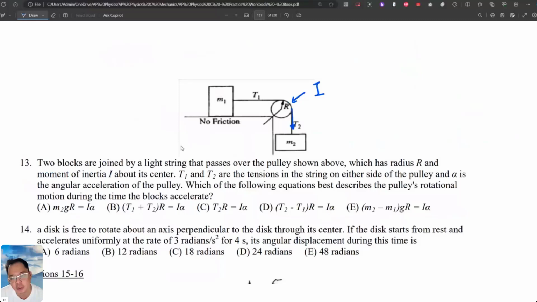T2 is down here. It must be greater than T1, so that the torque generated by T2 in the clockwise direction is greater than the torque of T1 in the opposite direction, making the pulley rotate in this direction. So T2 must definitely be greater than T1.